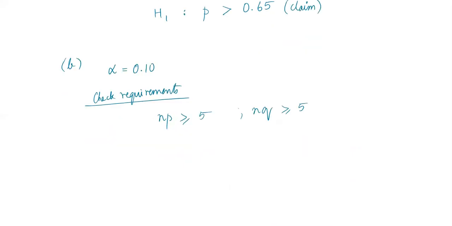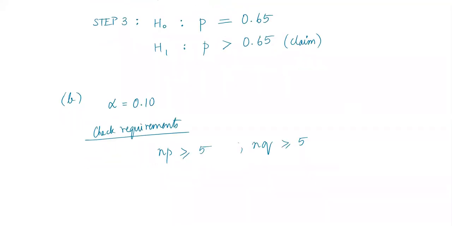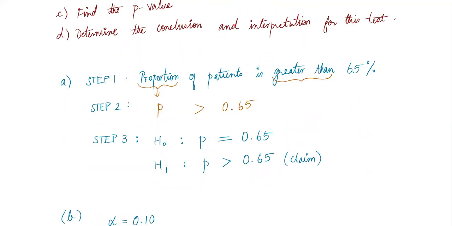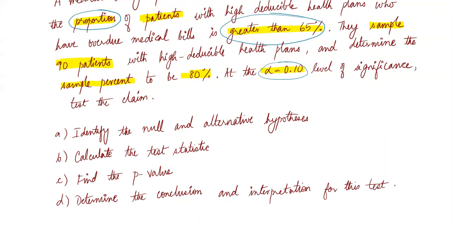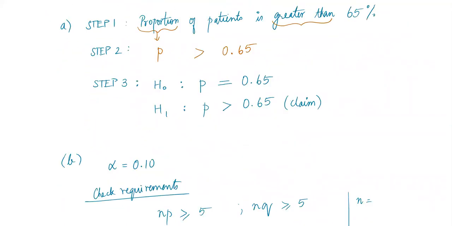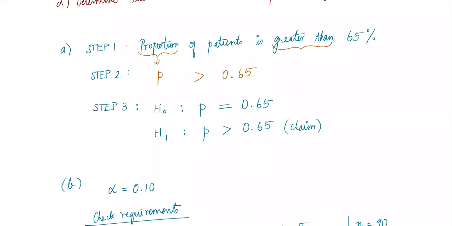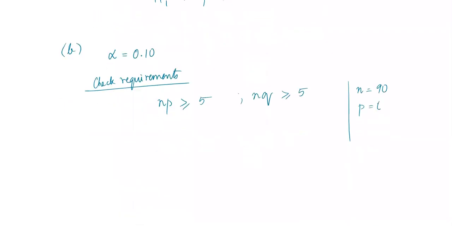So our P is 0.65. And what is N? N is how many people were surveyed. So they sampled 90 patients, so N is 90. P is the proportion from the population, and that was 0.65. So do 90 times 0.65.